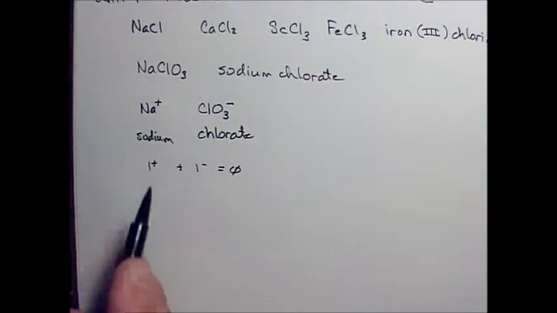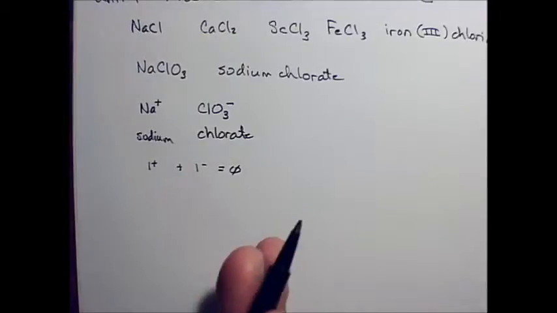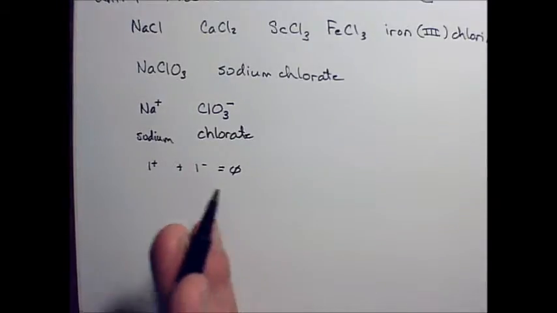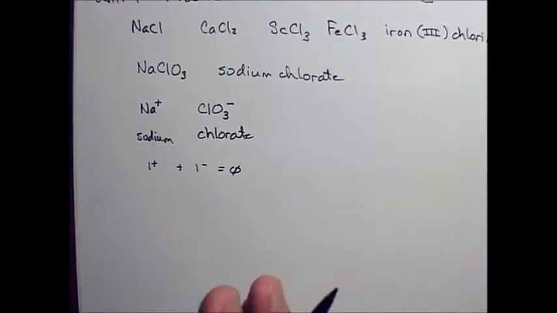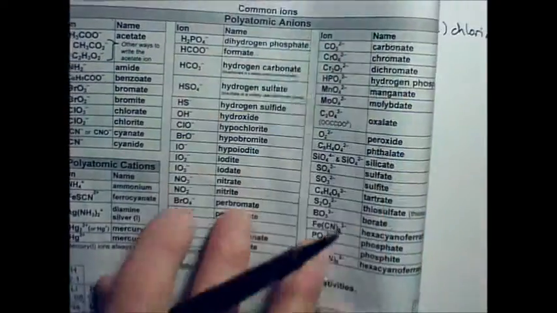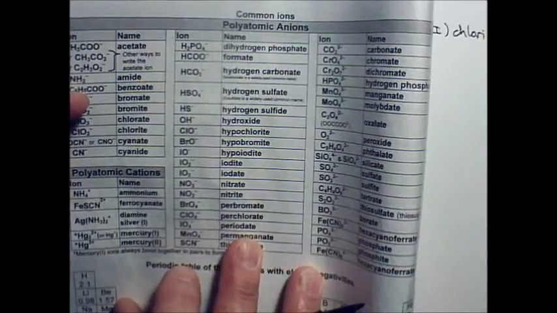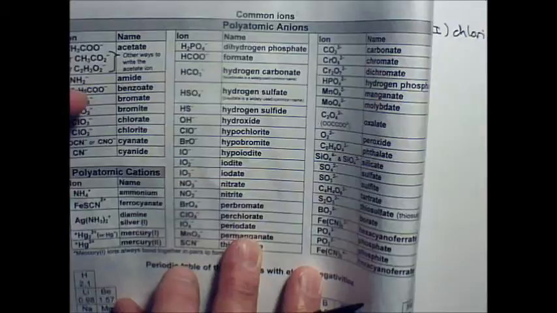All right. So naming the polyatomic ions, or the compounds that contain polyatomic ions, is only as hard as finding it on this chart. Okay? That's really all there is to it. Now, that is kind of hard sometimes. But here's the thing.